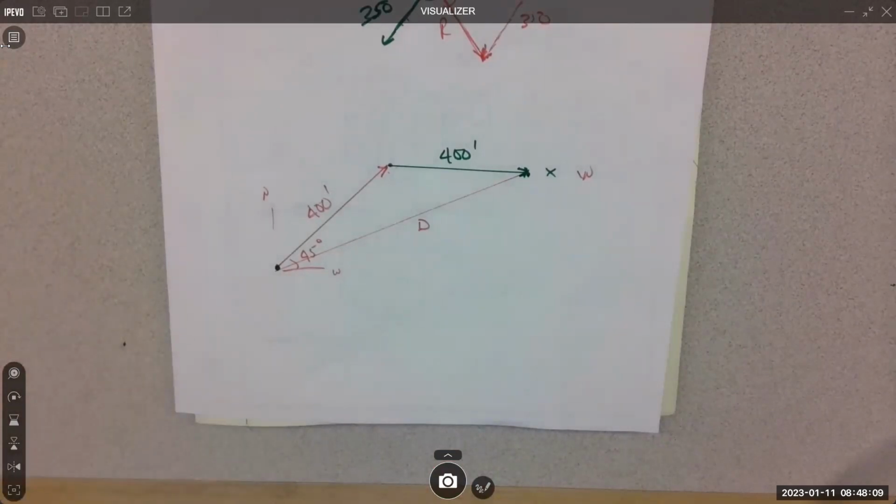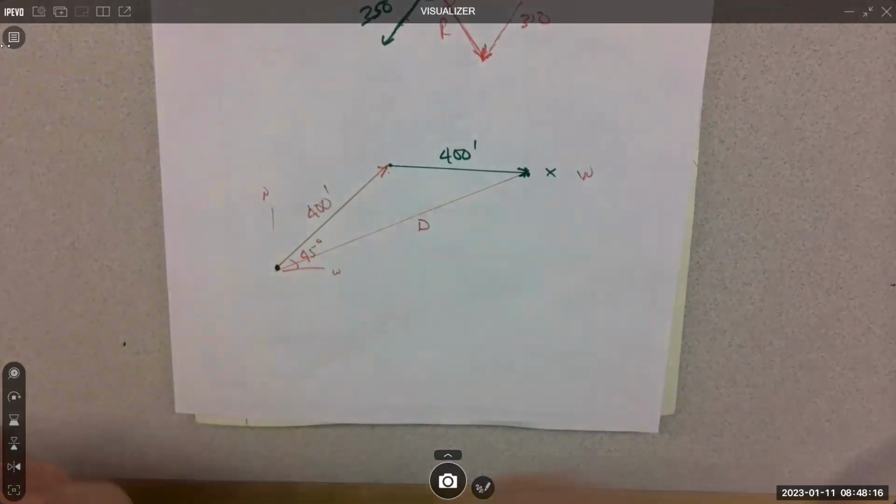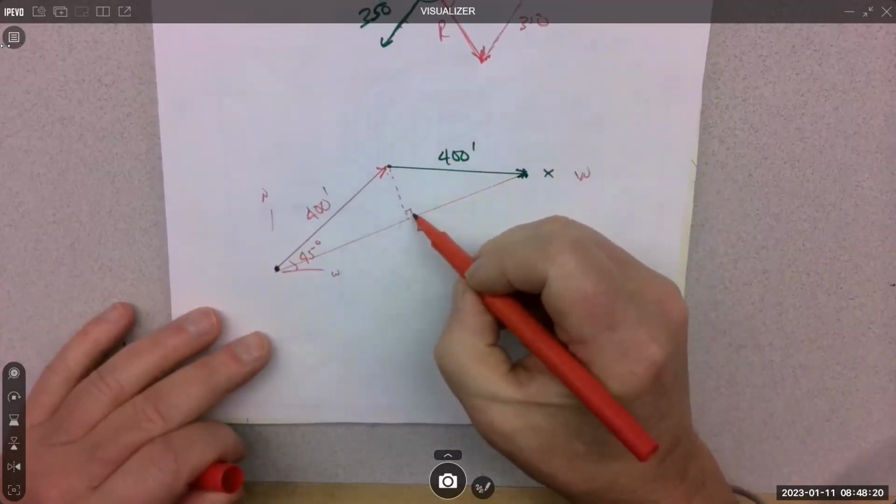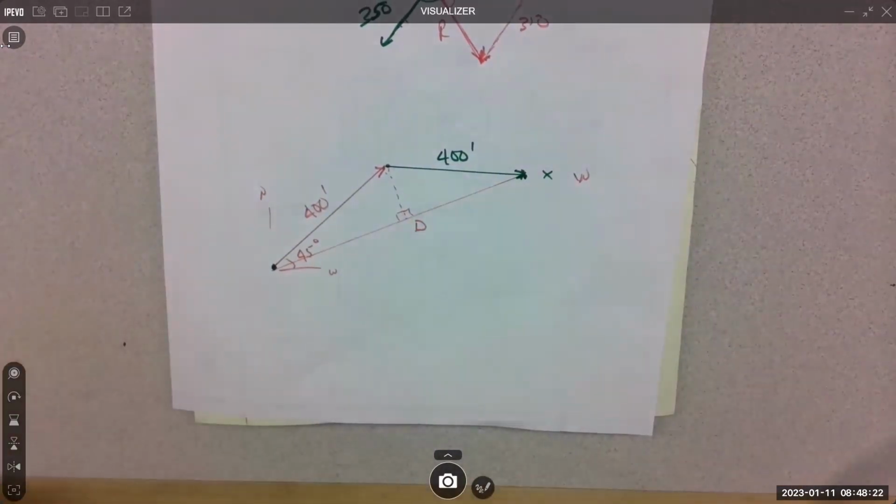First thing, is it a right triangle? Is it a non-right triangle? Clearly a non-right triangle. Can I just drop a perpendicular and make two right triangles that are helpful? Yeah. Yep. True.